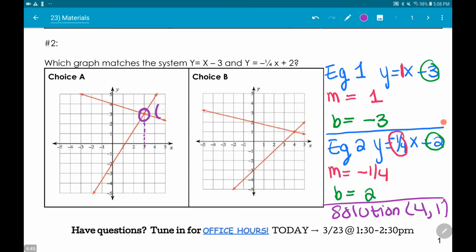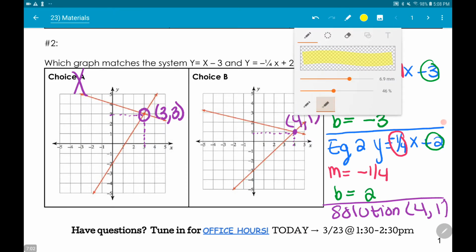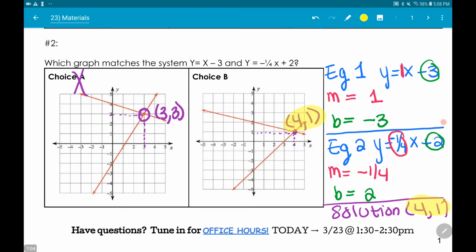This solution is 3, 3. Is that it? No. Let's check this one. This solution is 4, 1. And that matches our solution, right? So that means the graphs that match this system must be choice B.